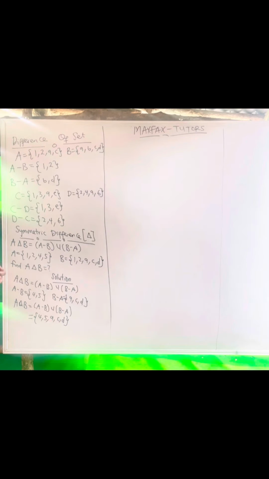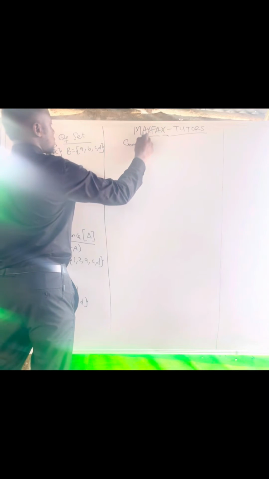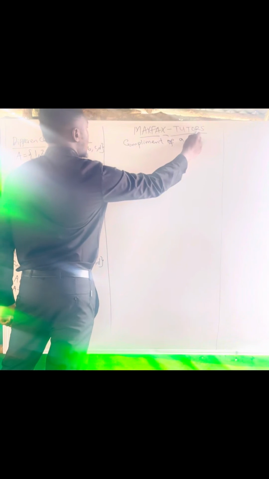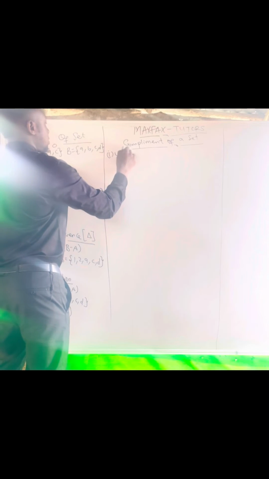Guys, we are going to move on to complement of a set now. Whenever you are looking for complement, you must consider two things. The first thing you have to consider is the universal set.